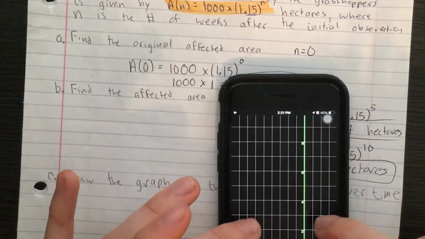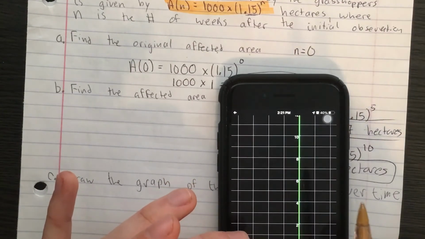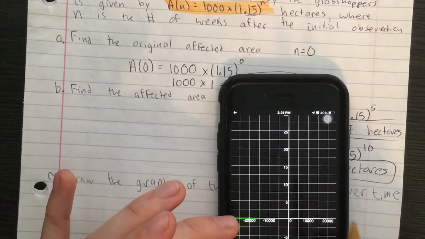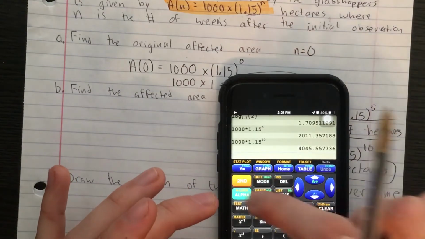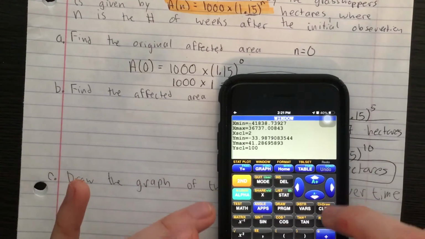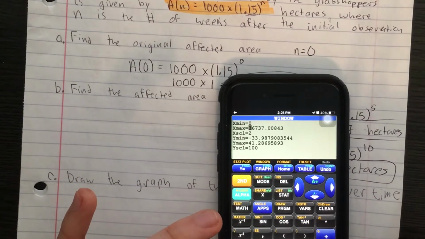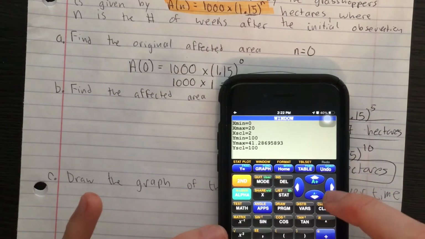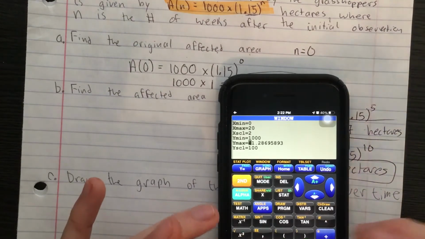I'm going to have to mess with my window real quick. It is not large enough right now. So we're going to set the x-min to 20, do steps of 2. The initial population is 1,000. We've seen it gets as high as 4,000.